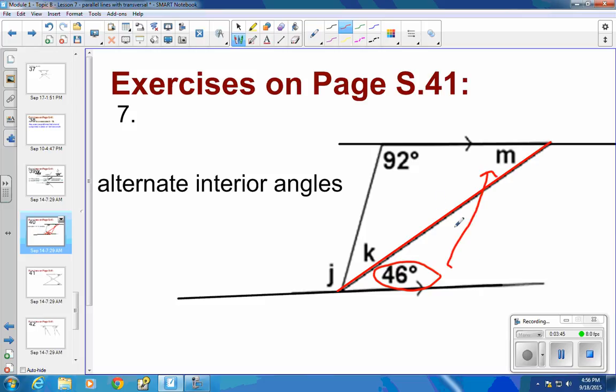We go to the opposite side of the transversal and we stay between the parallel lines. So this is 46 degrees right up here. Okay, so 46 and 46. So the measure of angle M is 46 degrees.